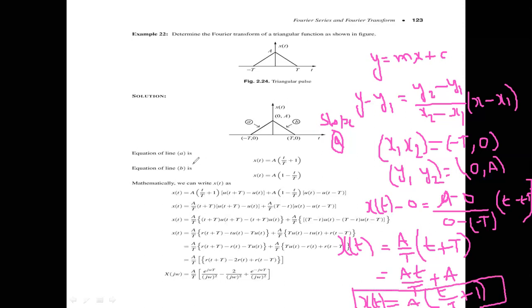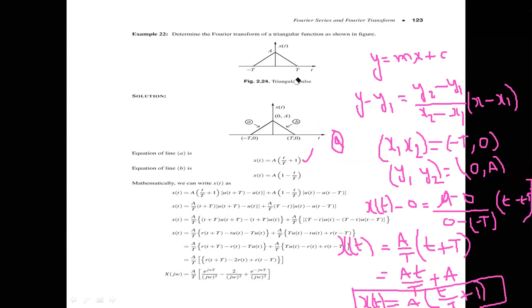See, we got the same thing. The slope is a by T, and the line equation is x of t equal to a into t by capital T plus 1. Similarly you can find the line equation for the other one.